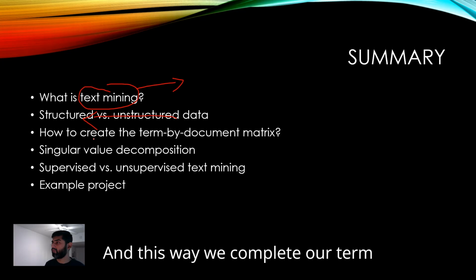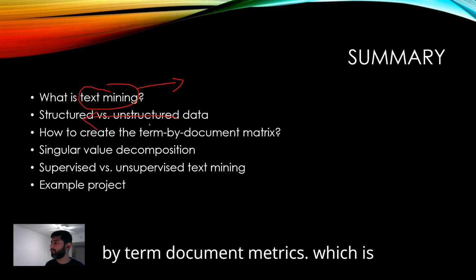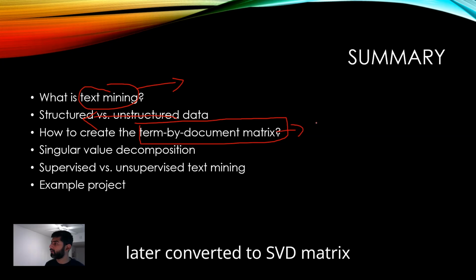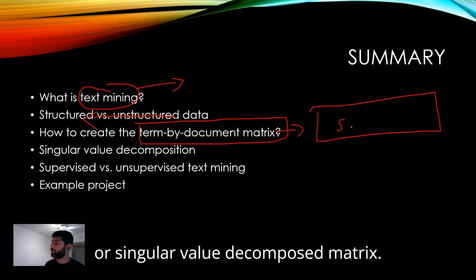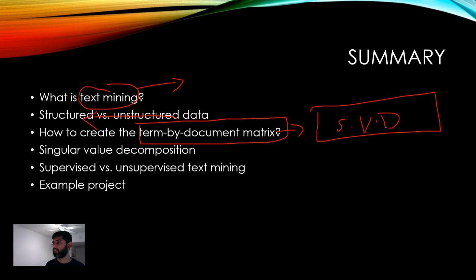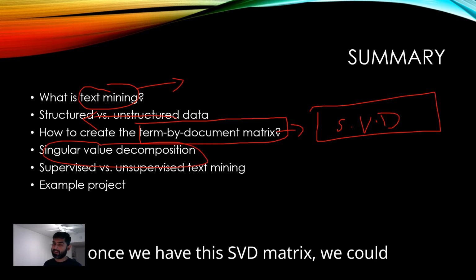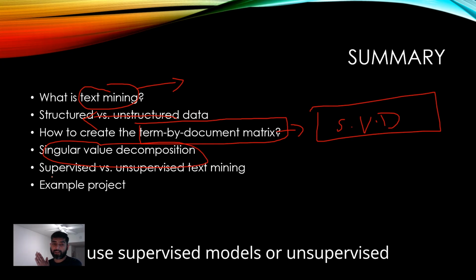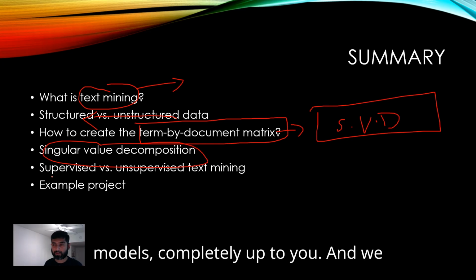And this way we complete our term by document matrix, which is later converted to an SVD matrix, or singular value decomposed matrix. We studied that, and once we have this SVD matrix, we could use supervised models or unsupervised models, completely up to you.